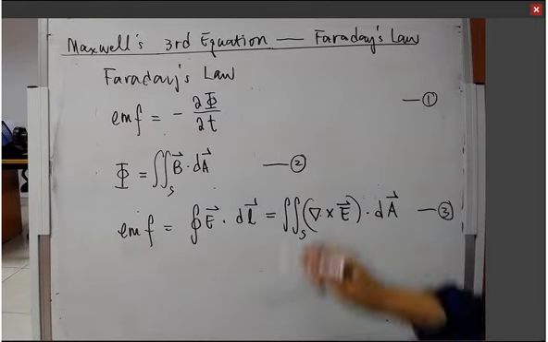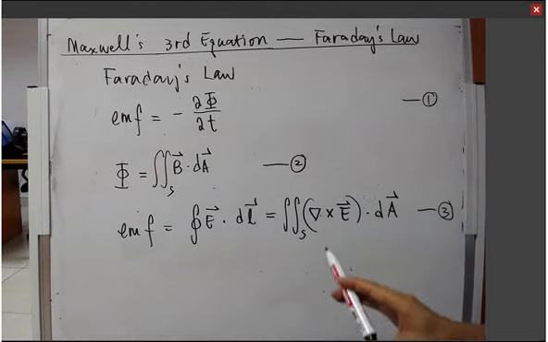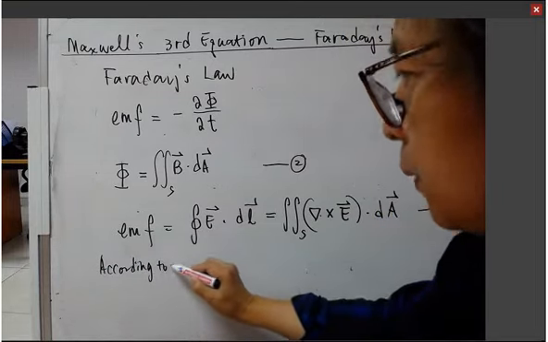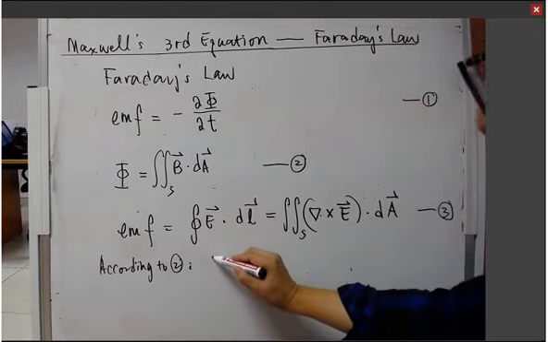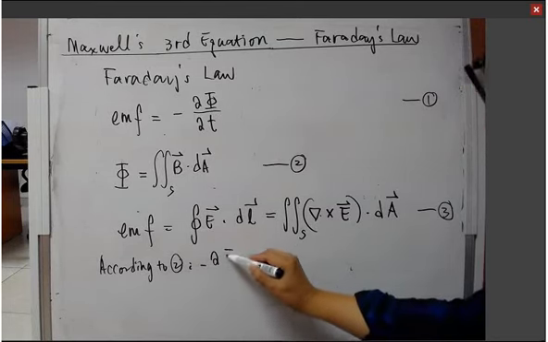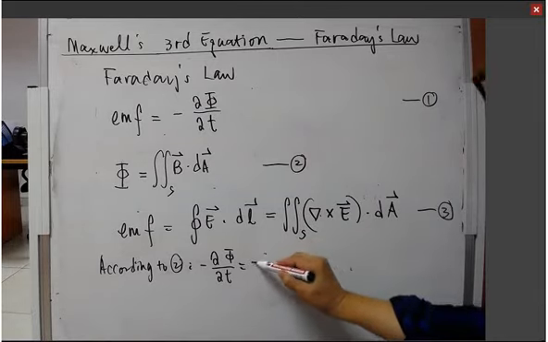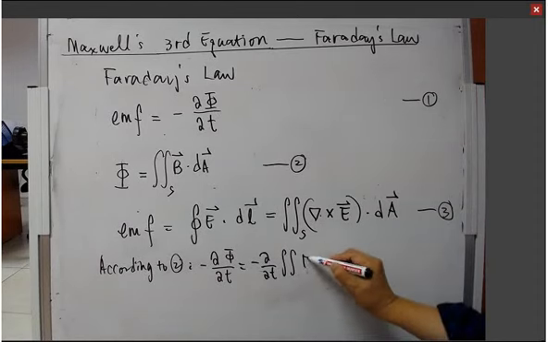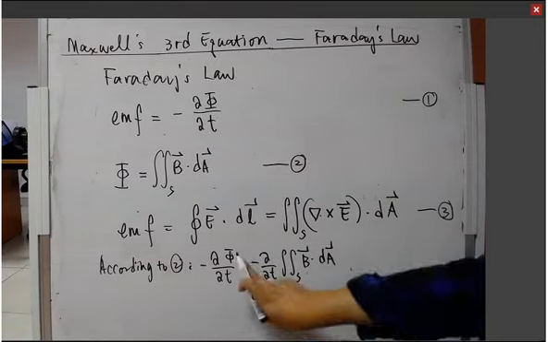If we find the derivative of equation 2 with respect to time, then the derivative of flux should be given by the following, and we are going to do some tricks here.